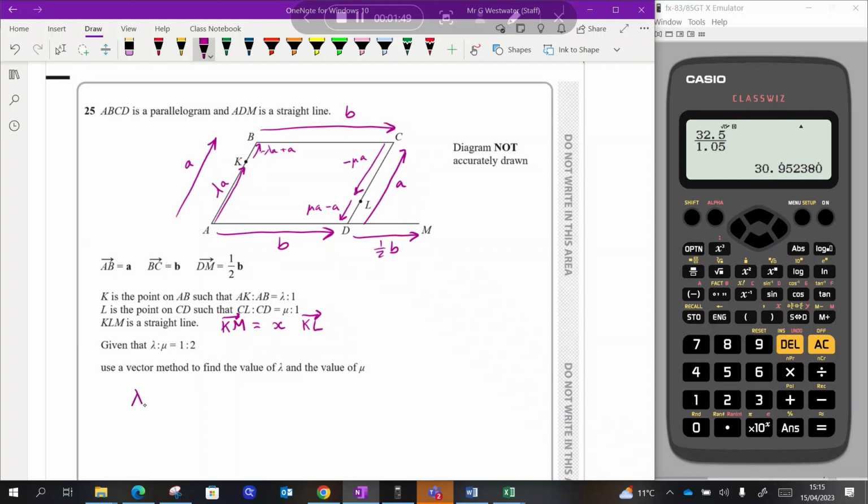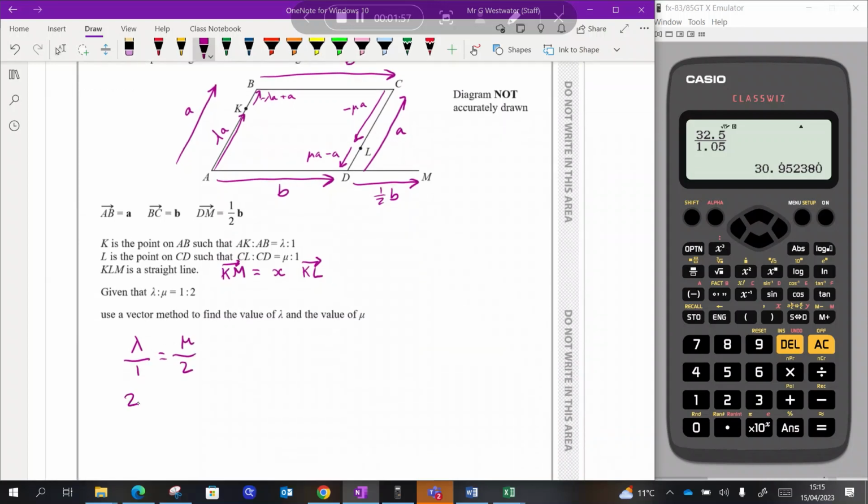So if lambda over 1 equals mu over 2, then we essentially know that 2 lambda equals mu. And once we've got that, we could rewrite a lot of this, and it could make life a lot easier. So that's what I'm going to do straight away. I'm going to change this minus mu a to minus 2 lambda a, and I'm going to change this mu a to 2 lambda a.